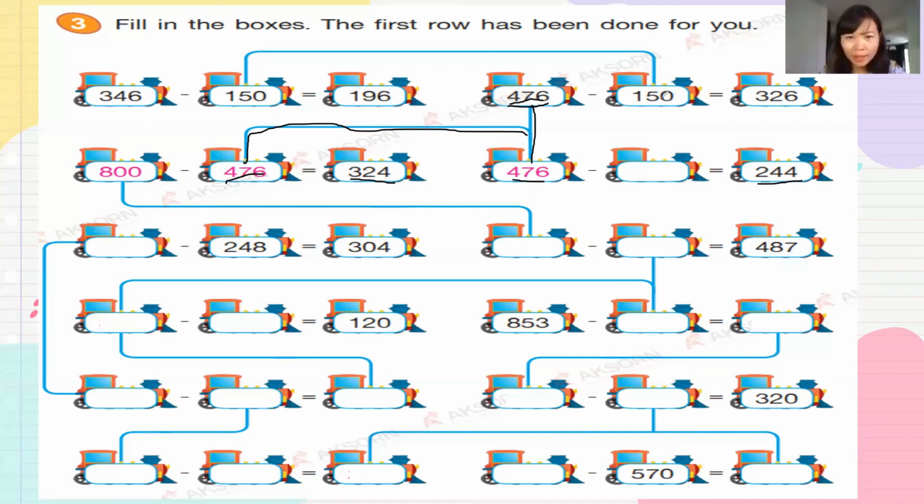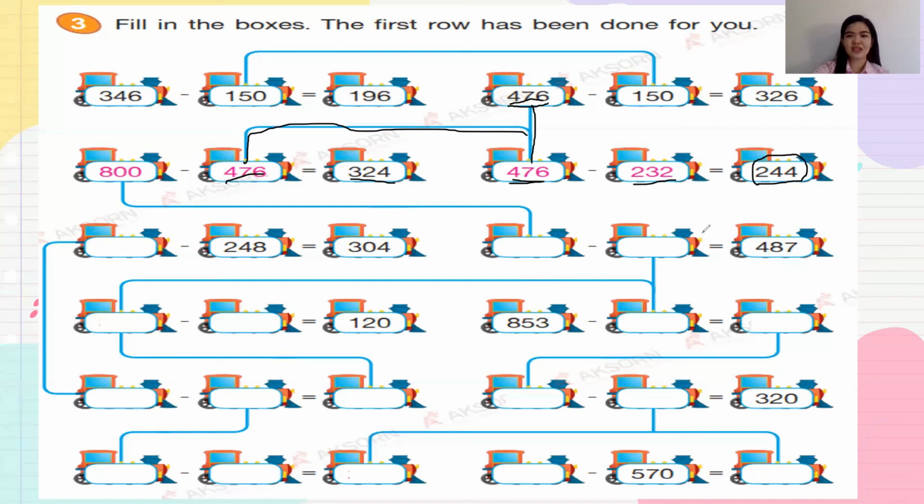476 minus 244, how much? 232. Very good. So 476 minus 232 is 244.